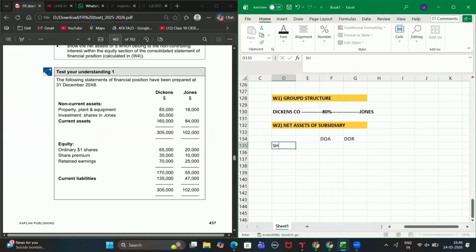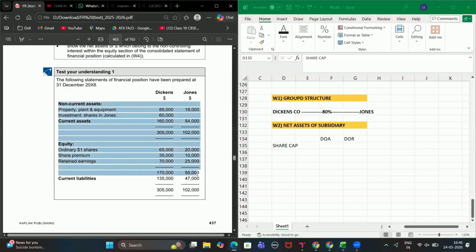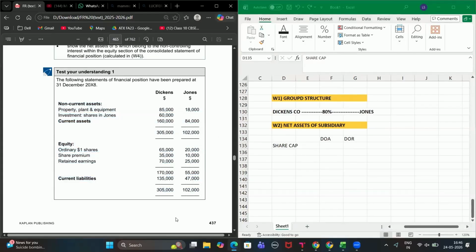Share capital. Tell me what is the share capital. See, what are these values? Are these opening or closing values? Whatever is mentioned in this FS, is it the date of reporting's value or the date of acquisition's value?